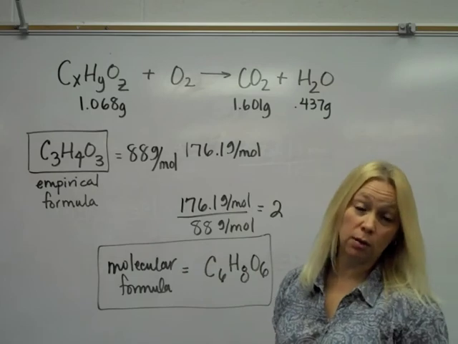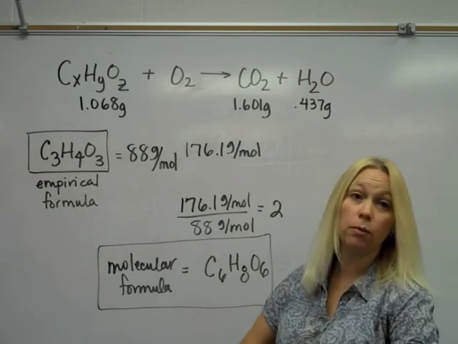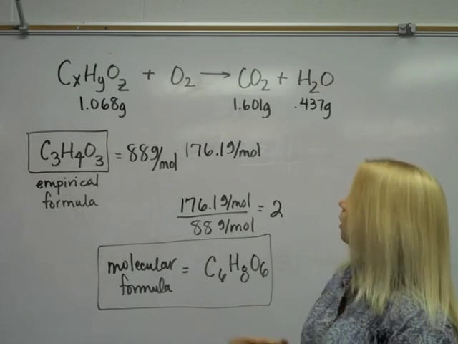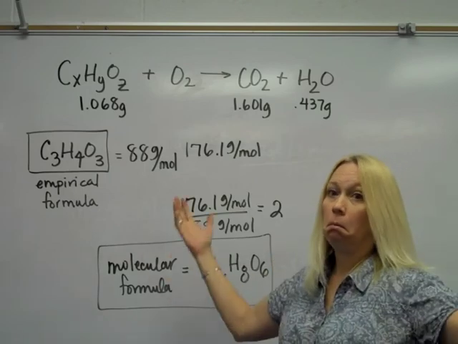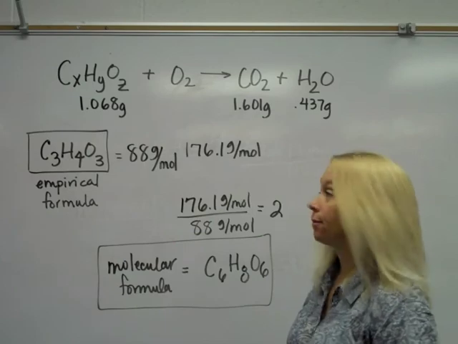That, my friends, is about the toughest empirical formula problem that you're going to see. Now, if you got stuck someplace, or I lost you someplace, back up the video, okay?